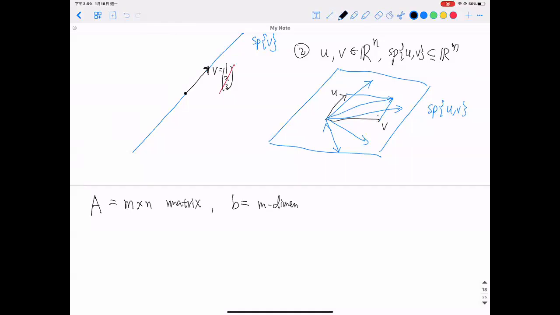I guess I don't need that right now, so let's just look at A. And we can make the following definition.